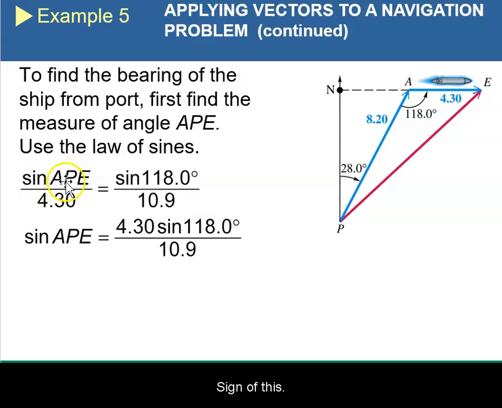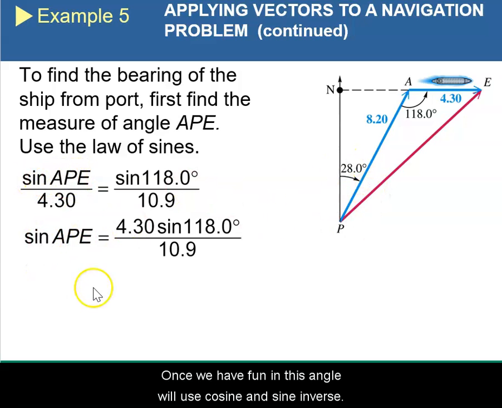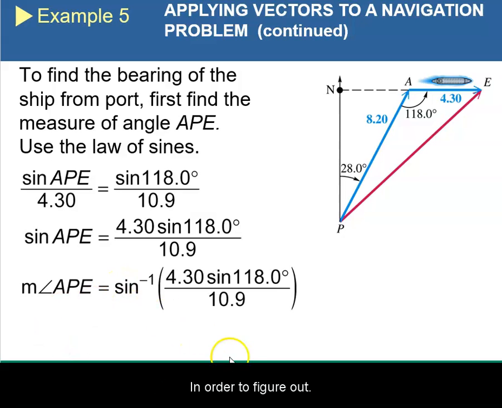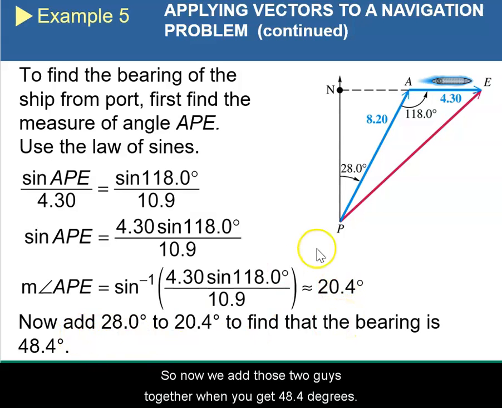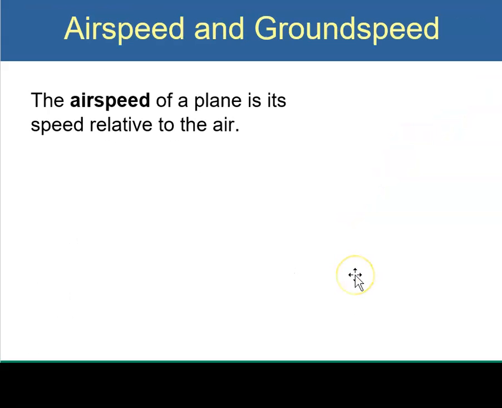So we can move things around to figure out what sine of this angle is. Once we have sine of this angle, we use inverse sine in order to figure out that our value is 20.4 degrees. Okay, so now we add those two values together and we get 48.4 degrees. That is our bearing. Okay, so now we're going to talk about airspeed and ground speed.